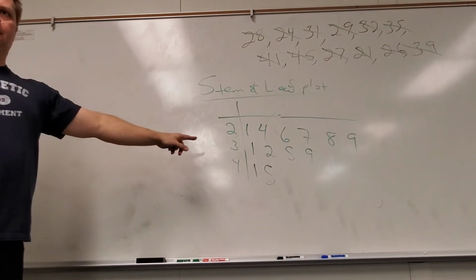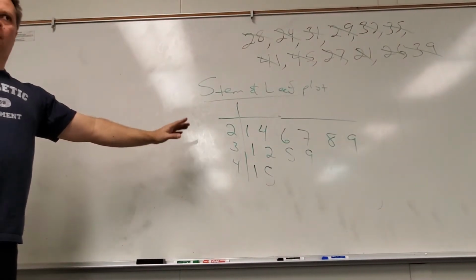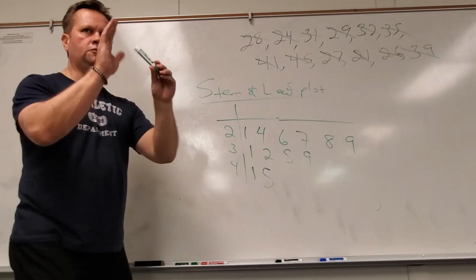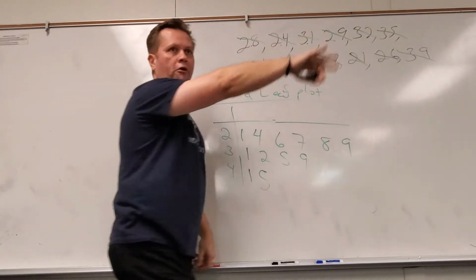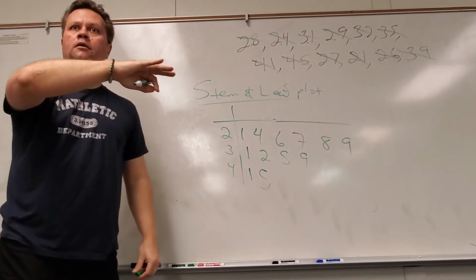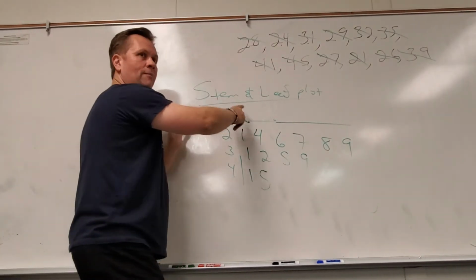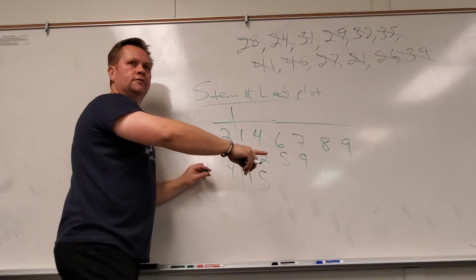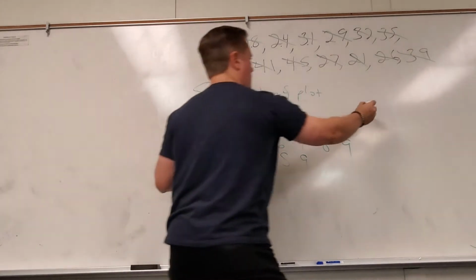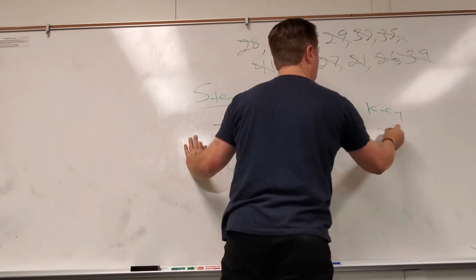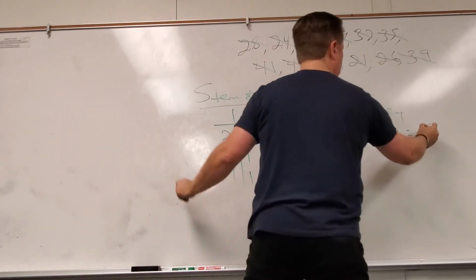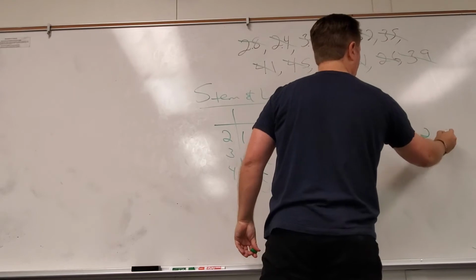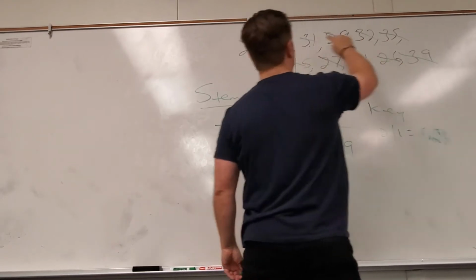This isn't complete because, go with me, don't write this down, my data could have all been 2.8, 2.4, 3.1. In which case the stem and leaf would look exactly like this. It's just that my key has to tell me. In this case, the key would be 2|1 means 2.1, but obviously that's not what this was.